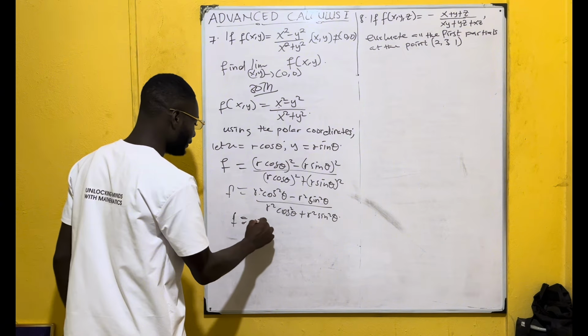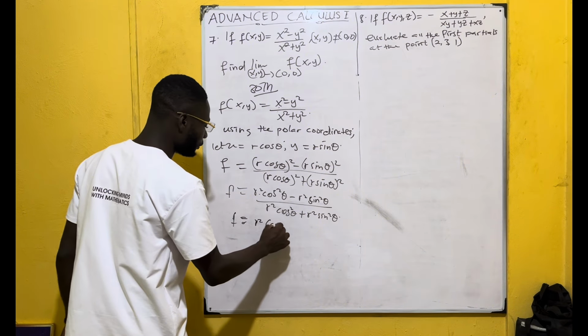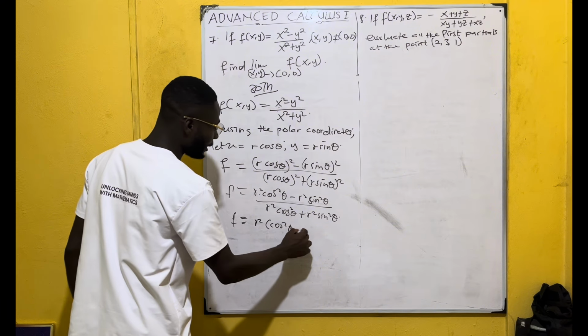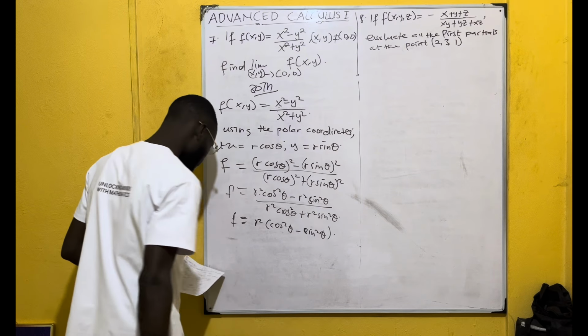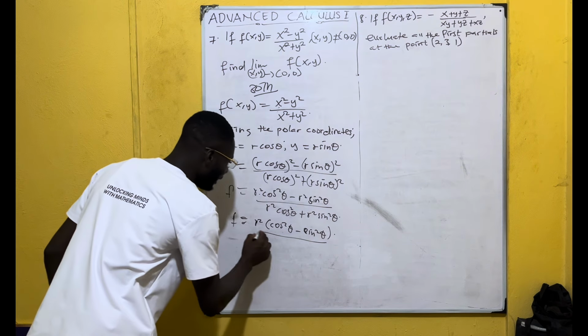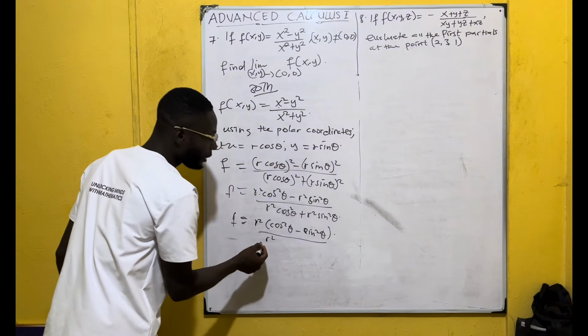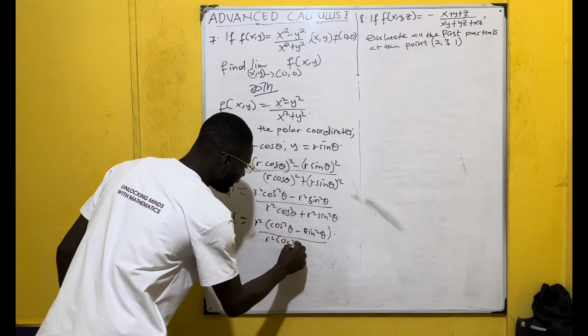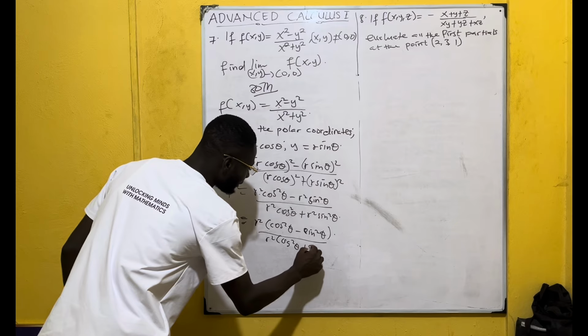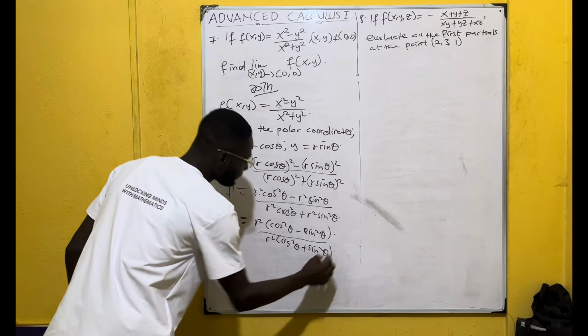So we take r squared out of cos squared theta minus sine squared theta, divided by r squared, which is common here again, so we take that out and we have cos squared theta plus sine squared theta.